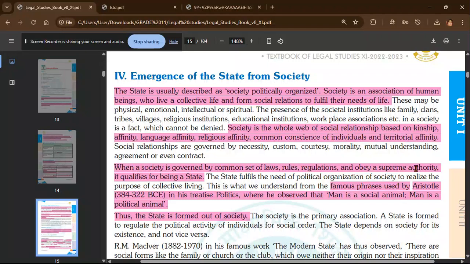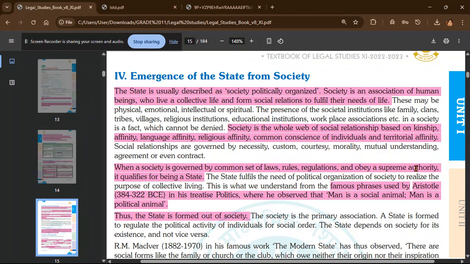So, first thing first, a state is usually described as a society which is politically organized. Wherever the term state comes, you must understand that that thing is politically organized. So whenever state is coming, that specific thing is associated with something that is organized in a proper way or manner.